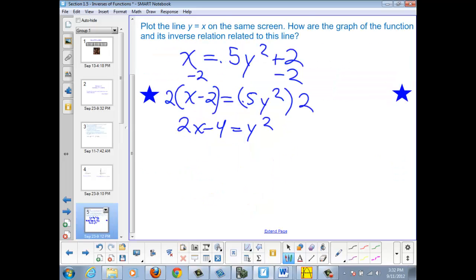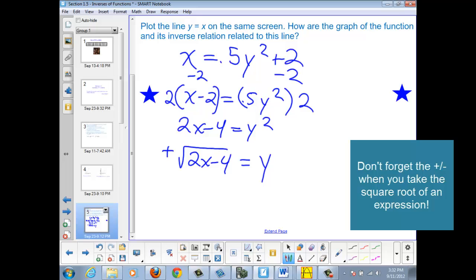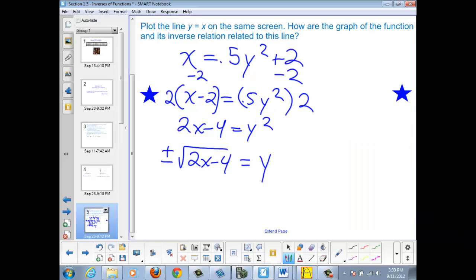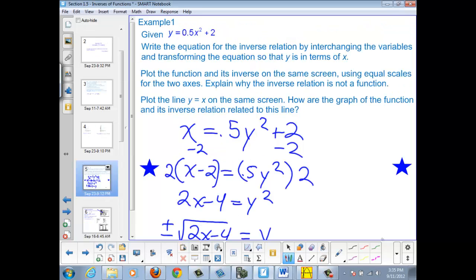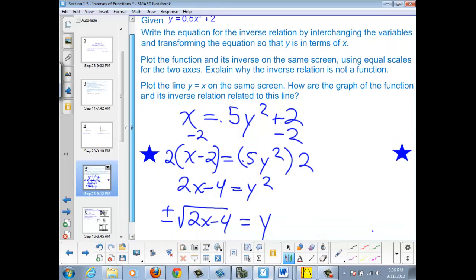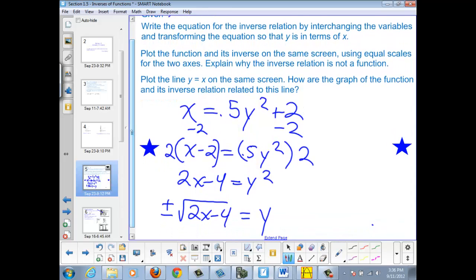From there, I'm going to continue to solve for y. So I'll take the square root, only I have to remember when I take a square root that I have two answers, plus or minus. So now we have an equation for y: plus or minus the square root of 2x minus 4.